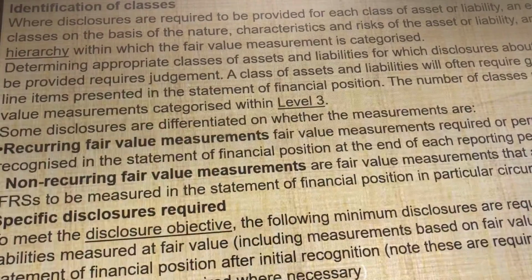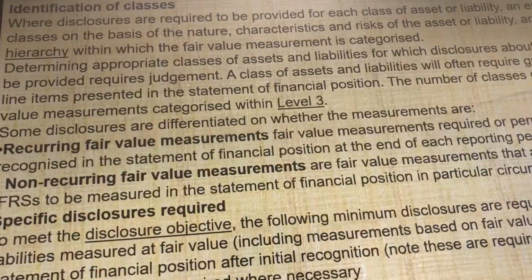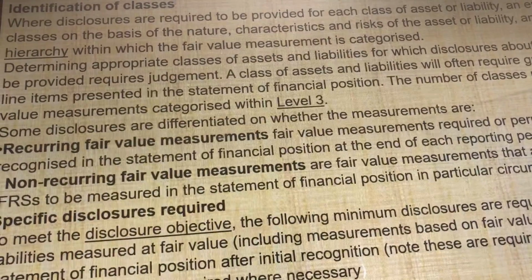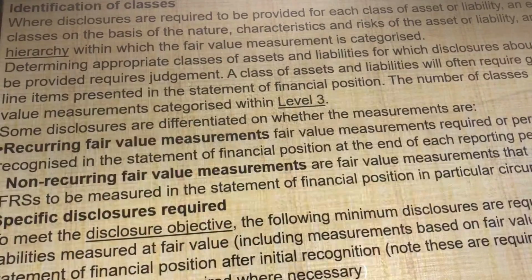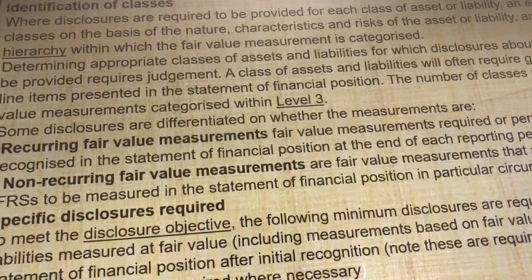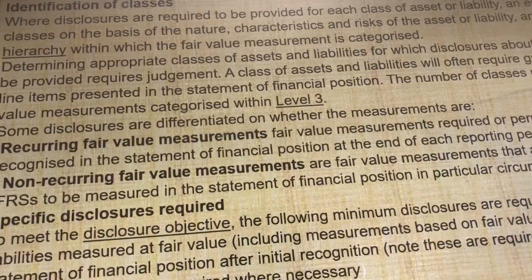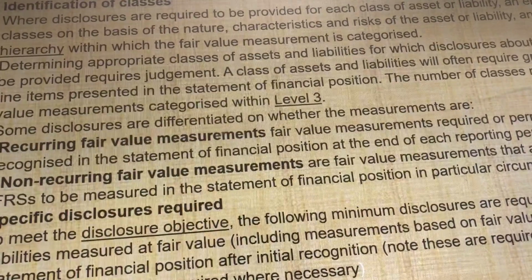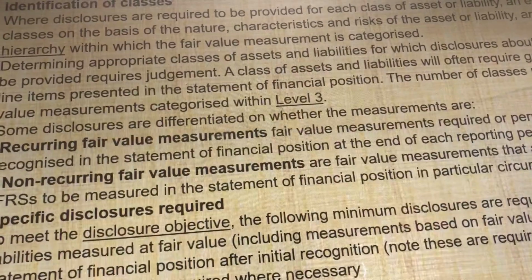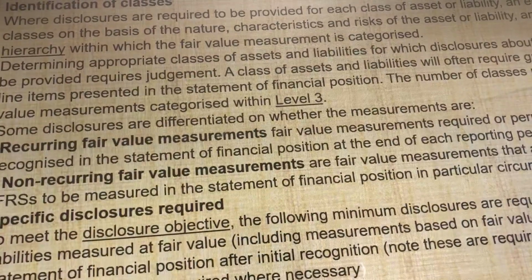So determining appropriate classes of assets and liabilities for which disclosure about fair value measurement should be provided requires good judgment. So a class of assets and liabilities will often require greater disaggregation than the line items presented in the financial statements.